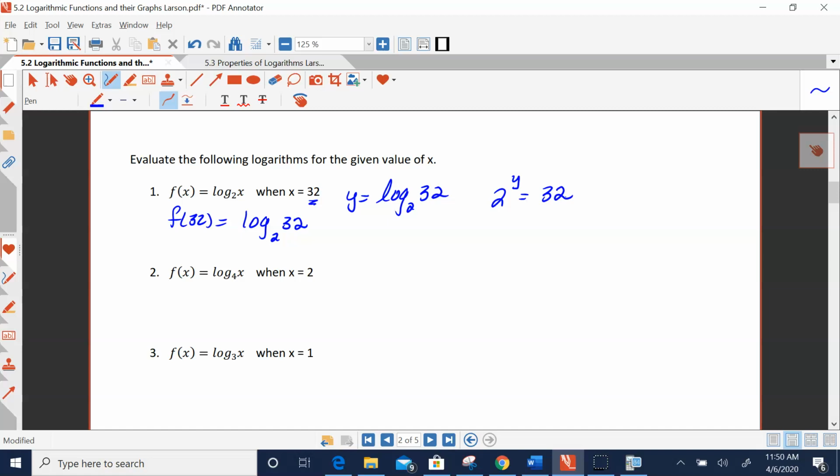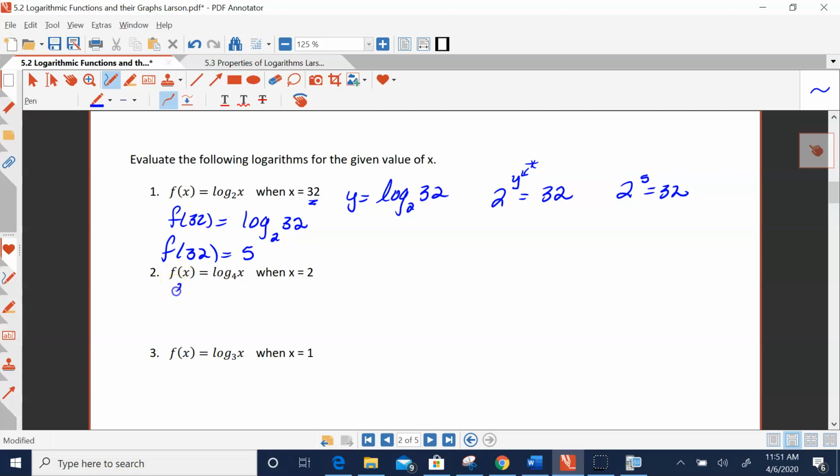And if I play around with the powers of 2, we actually find out that 2 to the 5th power is equal to 32. So the answer for log base 2 of 32 is actually 5. All we're trying to do is find the exponent on 2 that gives me a 32. So again, I rewrote it as 2 to the y equal 32, and I knew I needed to solve for y.